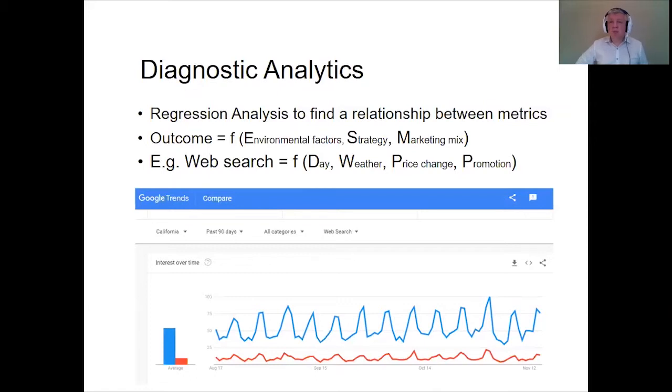One reason for that may be that the number of requests is increasing on Saturday and Sunday. So the number of web searches for our brand can be explained as a function of the day of the week, the weather. Maybe people are ordering less when the weather is good.